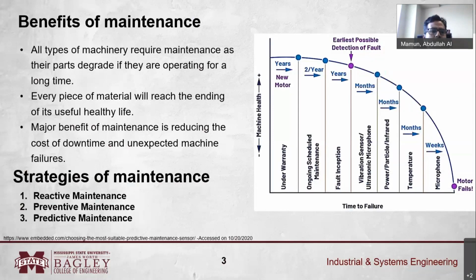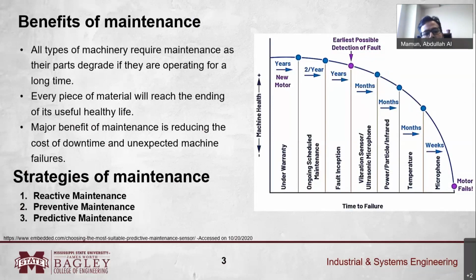Let's talk about some benefits of maintenance. Obviously, if we think about a rotary machine or any kind of machinery, all types of machinery require maintenance work, and their parts gradually degrade as time elapses. So there needs to be some maintenance work on that.